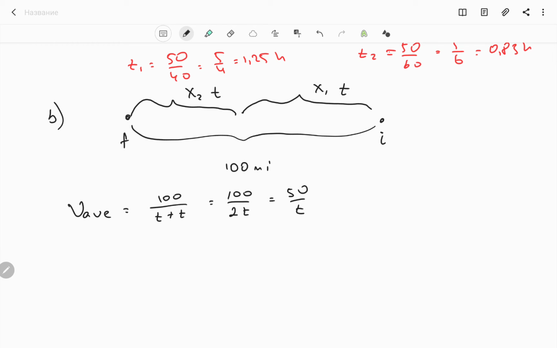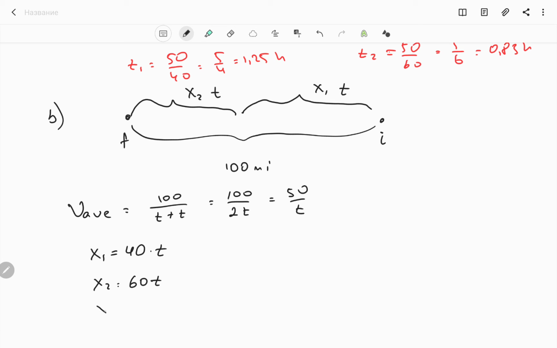So let's write the equation for the first half. For the first half, distance is x1, unknown of course, but less than 100, equal to 40 times t, because velocity in the first half time is 40. For the second half time, x2 is 60 t.